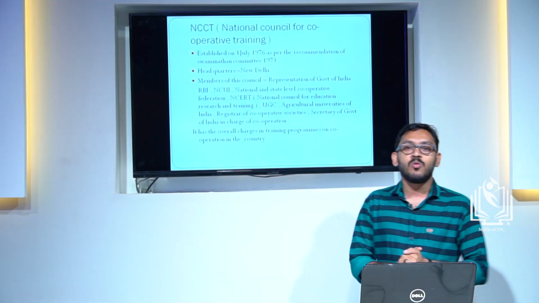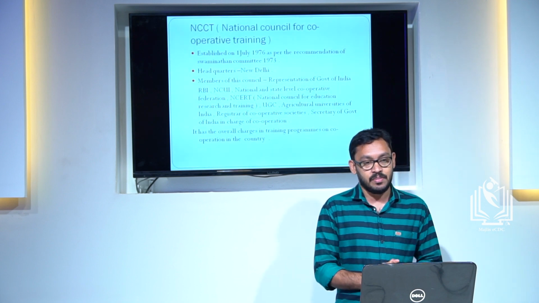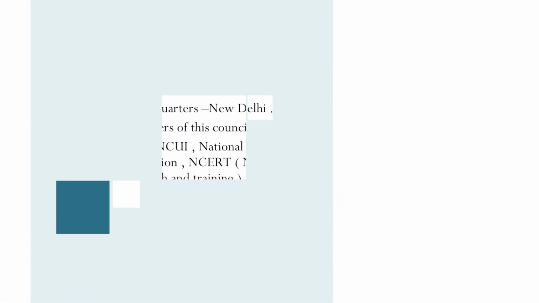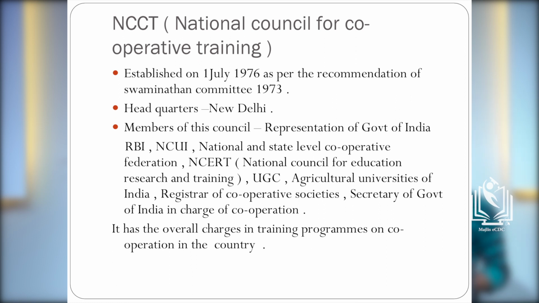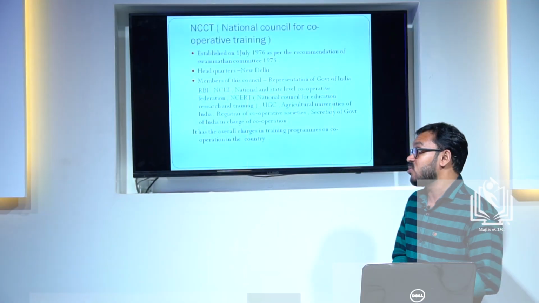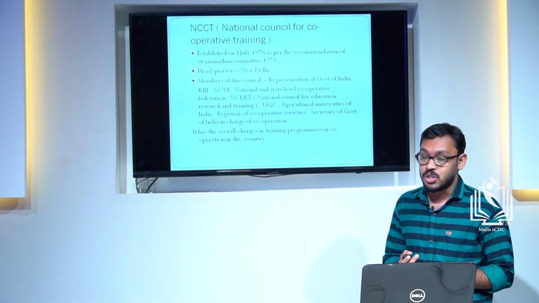Okay, next we are moving to discuss NCCT, that means National Council for Cooperative Training, which was established in 1976 as per the recommendations of the Swaminathan Committee of 1973, and which is headquartered at New Delhi.